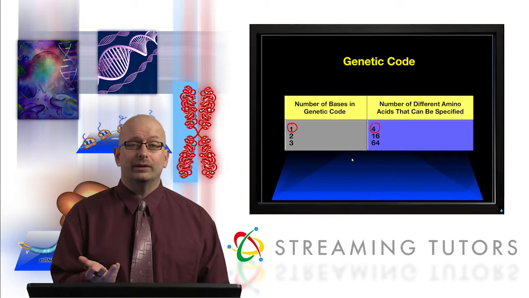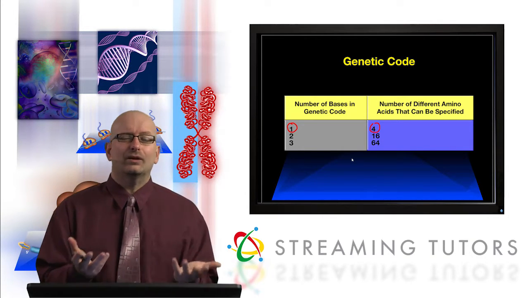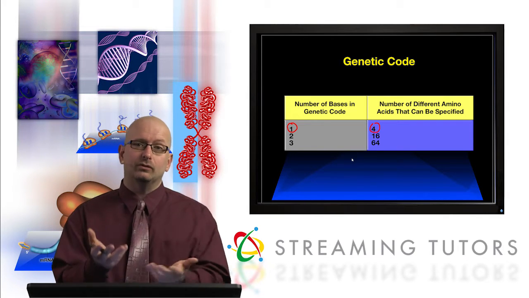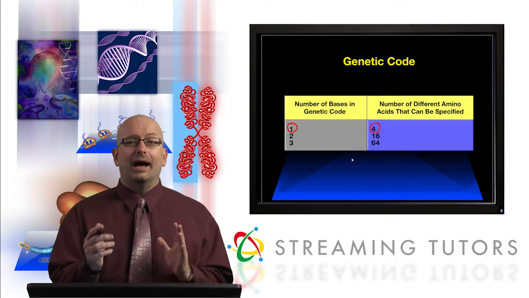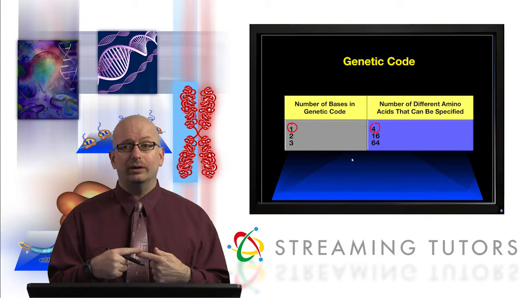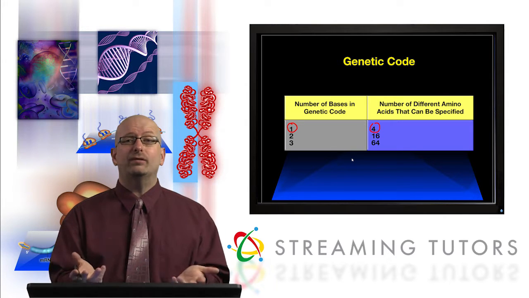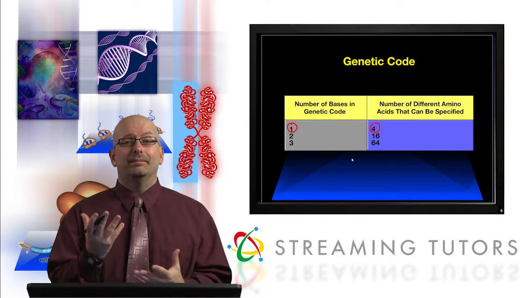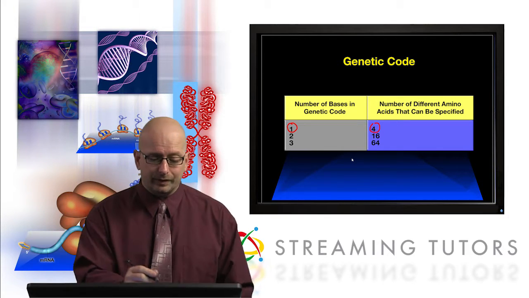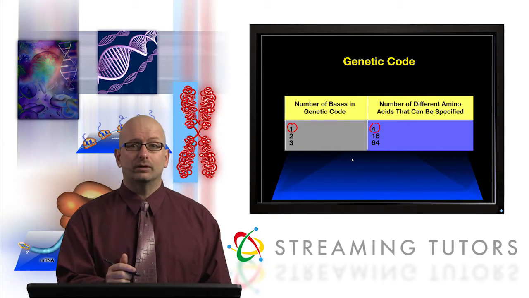Because there are 4 different nucleotides. So this would mean, it's not correct, but say A means methionine, G means aspartic acid, whatever it is. You'd be able to specify 4 if there was a direct 1-to-1 ratio here. That's not happening. You don't have to do any experiment to realize that that's not feasible. It's not reasonable. So they started to think, well, what if it's a doublet code?